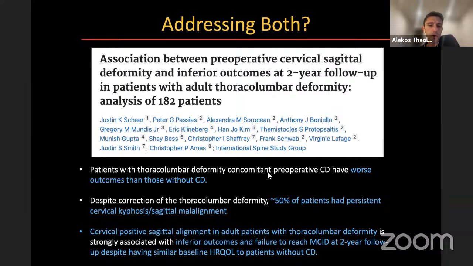It says here, despite correction of thoracolumbar deformity, 50% of the patients had persistent kyphosis or sagittal malalignment. And as you can see there at the bottom, those patients with persistent cervical thoracic deformity had inferior outcomes and failure to achieve MCID at 2-year follow-up, despite having similar baseline outcomes to patients without cervical deformity.